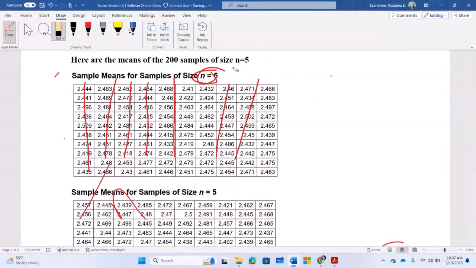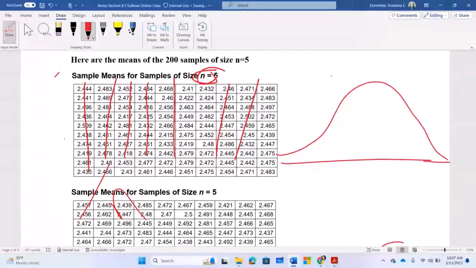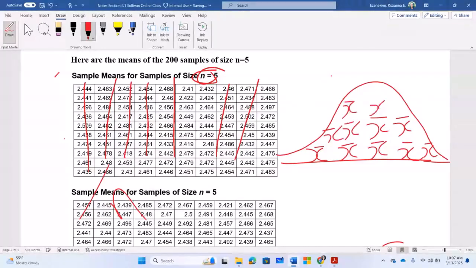So now the question is, if you draw a density curve or a histogram of these 200 sample means with n equal to 5, the distribution will be approximately normal. And remember, the distribution is made up of sample means.